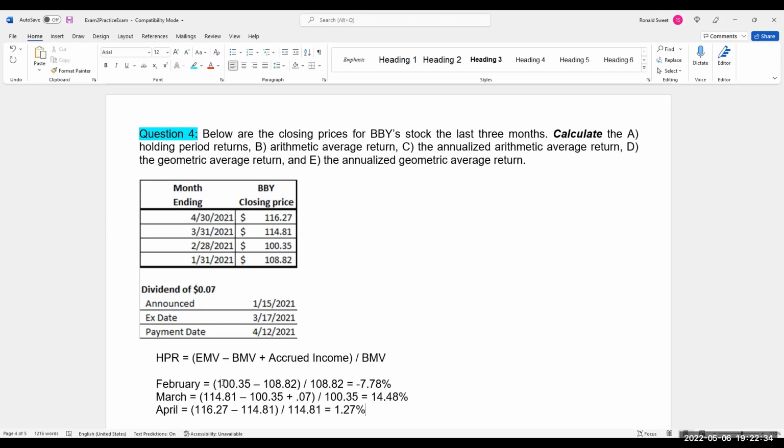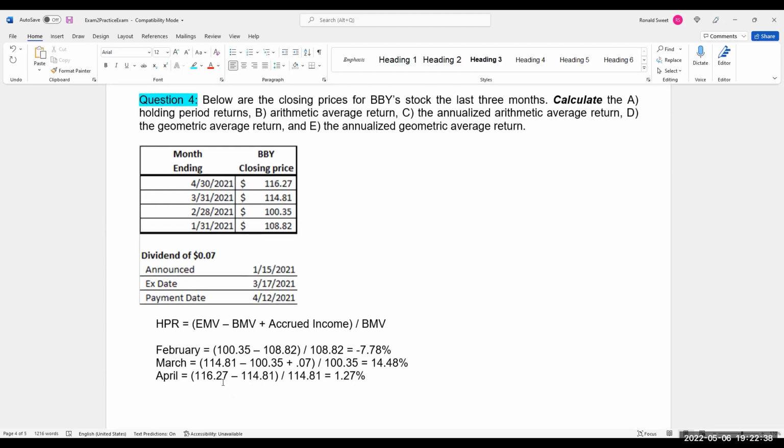Hopefully y'all got those numbers. So there's the holding period returns, then you've got to do the average. So their arithmetic is going to equal minus 0.0778 plus 0.1448 plus 0.0127 divided by 3, and I get 0.0266.